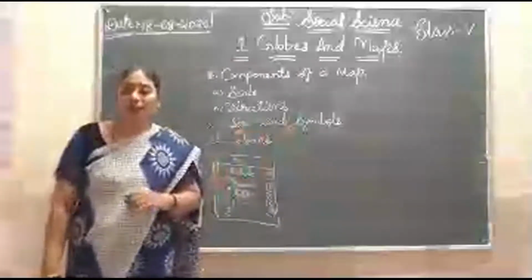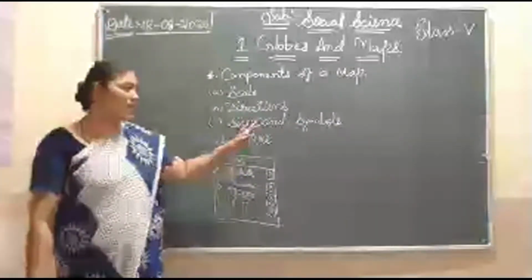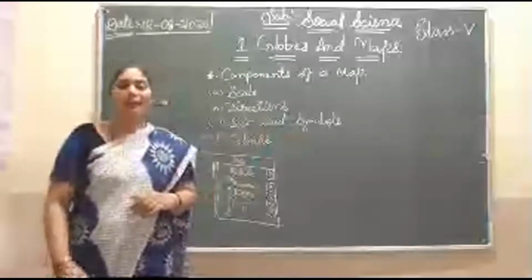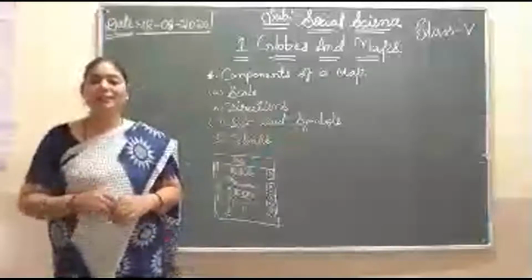So it is very important. When we are seeing the map, we should see the signs and symbols. Then only we can understand how is the land of that country, maybe our country or another country or city or state.